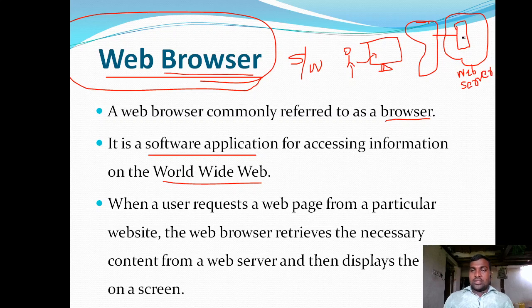And here is a client who is accessing the internet with the help of his PC. In order to access the internet, he needs a software in his personal computer. That software is nothing but a browser. So a browser is a software installed on the client machine.